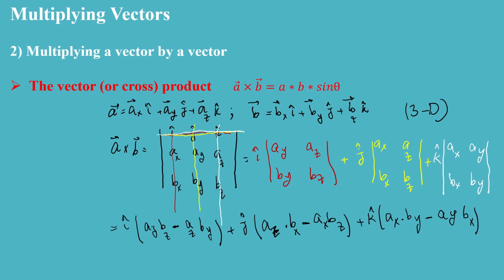And these times here are not a dot product, it's just a multiplication. So don't be confused about this right here. This is just a normal product of two numbers, not a dot product. And this is going to be my final answer here.